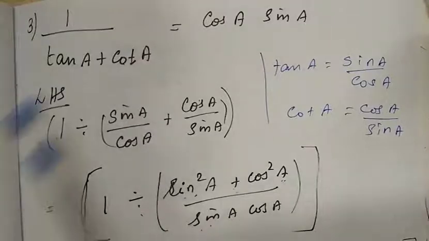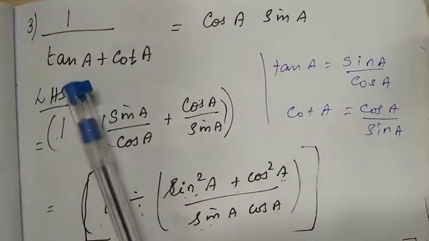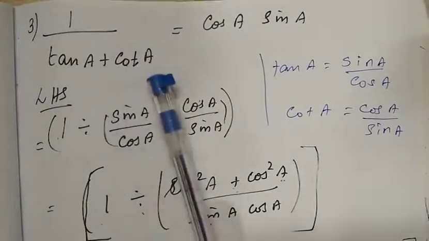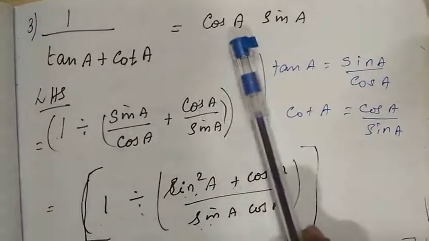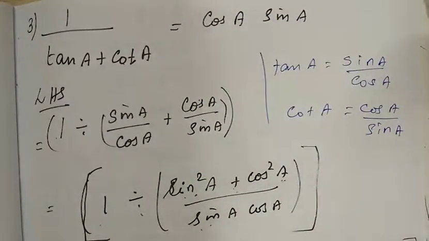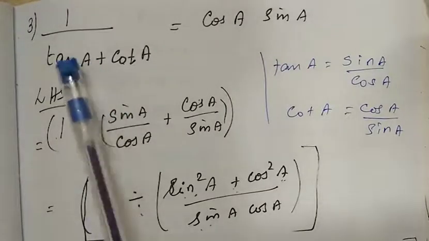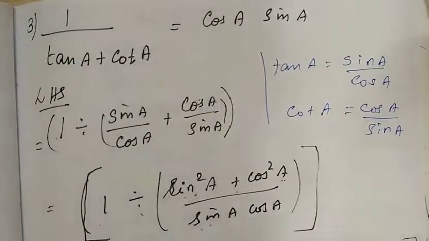Sum number 3. 1 upon tan A plus cot A is equal to cos A sin A. Okay, you have to prove left hand side equal to right hand side.